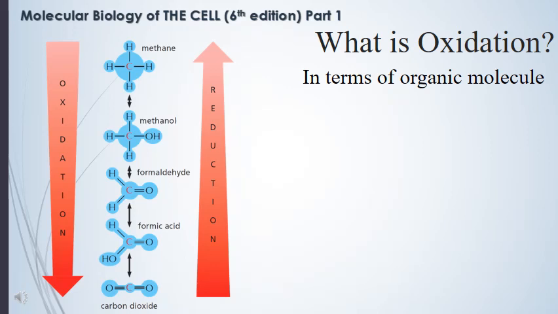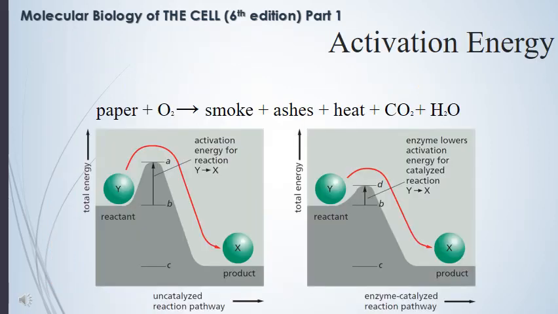It requires input of energy for it to occur. So what does it really mean that it needs energy to occur? Well, again, just like on a previous slide, if we take paper in oxygen and light it up, we'll have smoke, ash, heat, carbon dioxide, and water forming.